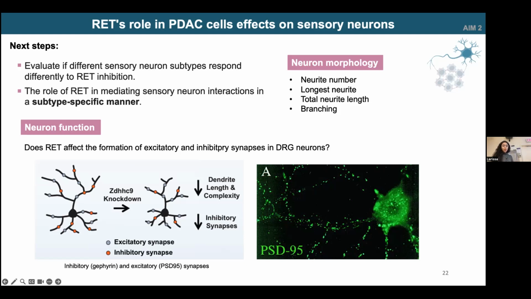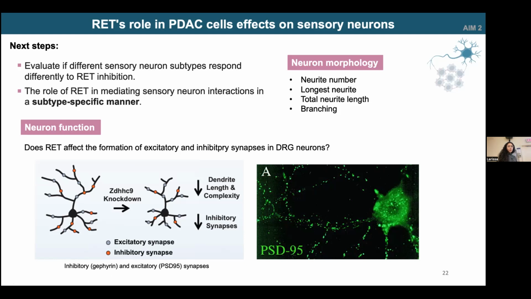To expand our knowledge of how RAD activation may influence sensory neuron function, we will also investigate its potential impact on synaptic modulation. Following the 72 hours of culture, we will fix the DRG neurons and stain them with two markers, one for inhibitory synapses and another one for excitatory synapses.